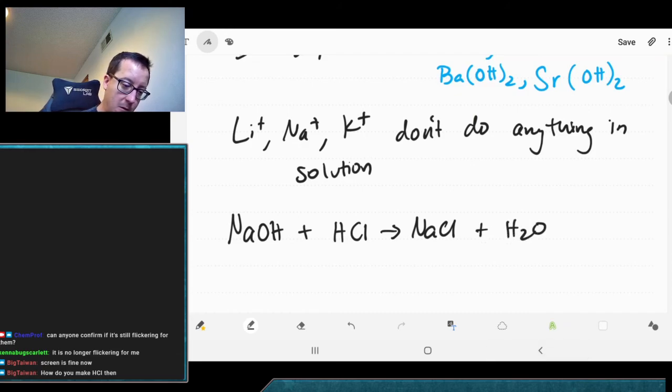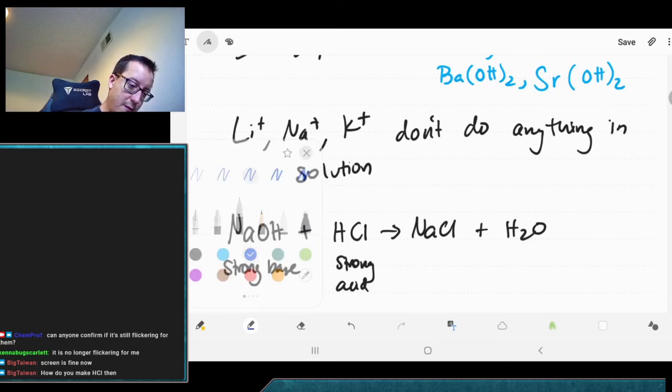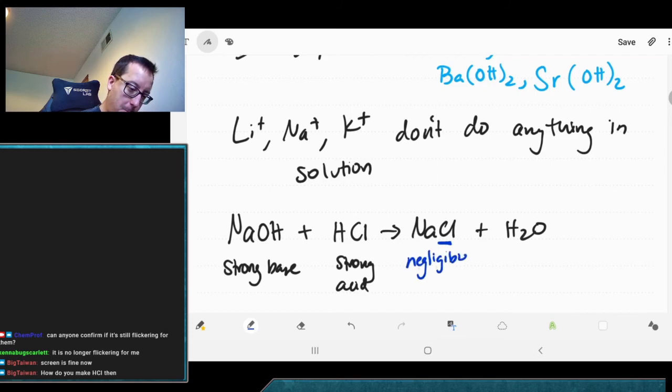we have a strong base, we have a strong acid. We have this guy, which is going to be your negligible base, but it is still a conjugate base, it's just a terribly weak one.